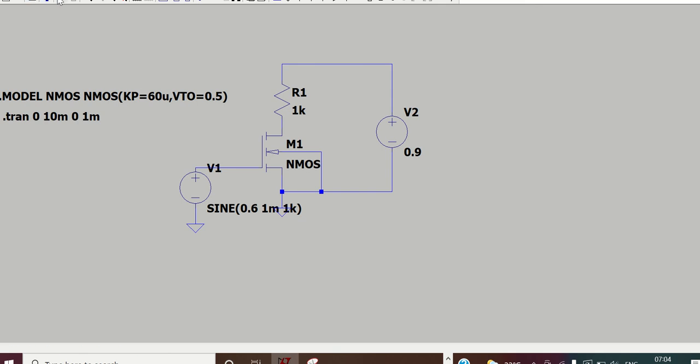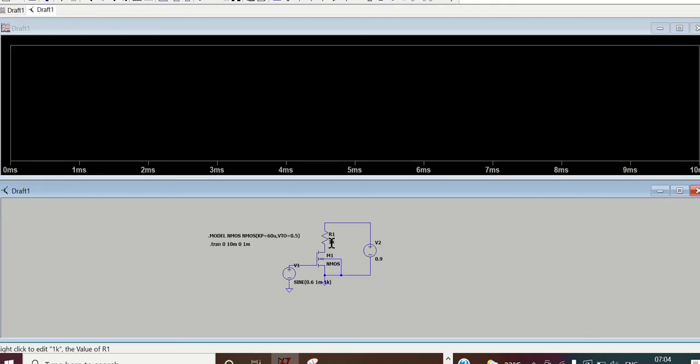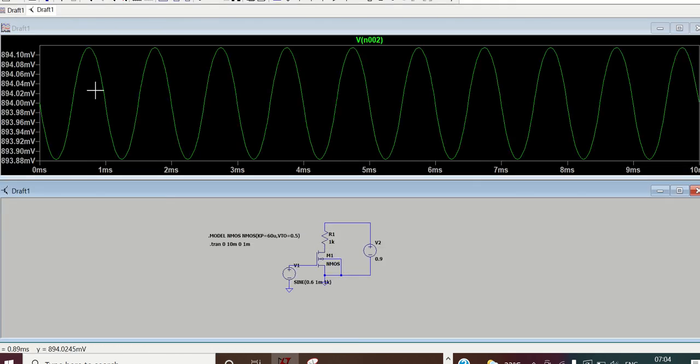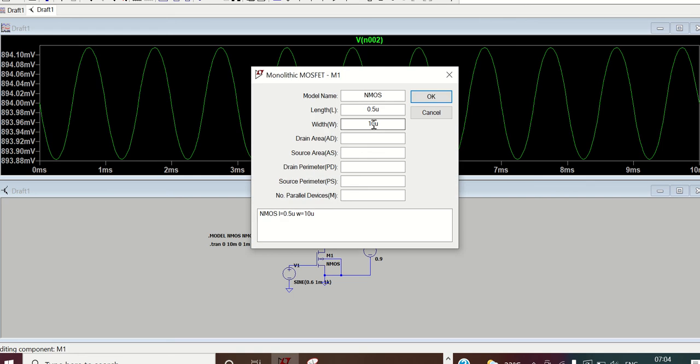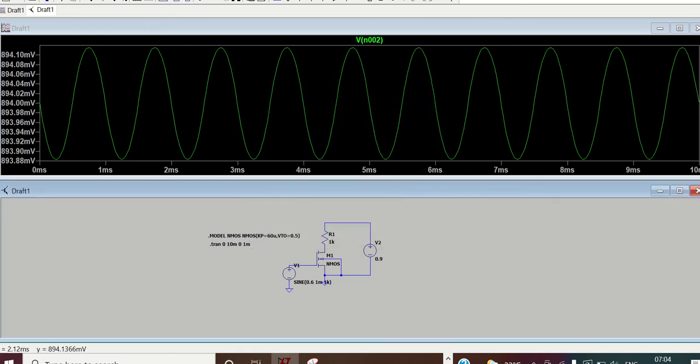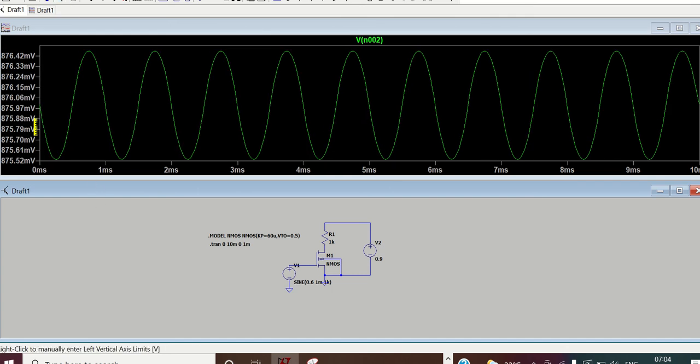First I'll run this. We'll see. This is my output. Let me improve this by increasing the gain to 40.